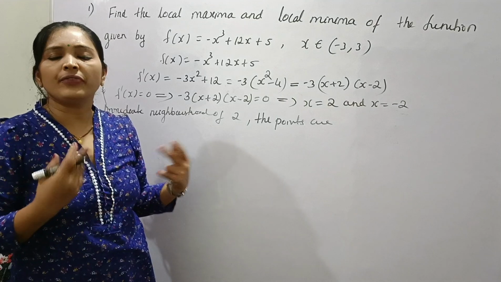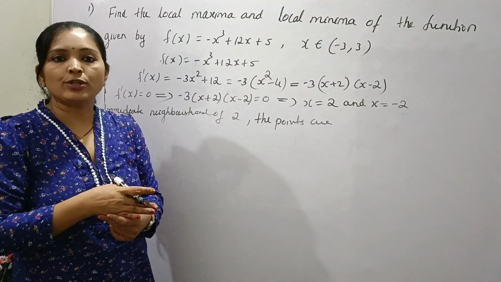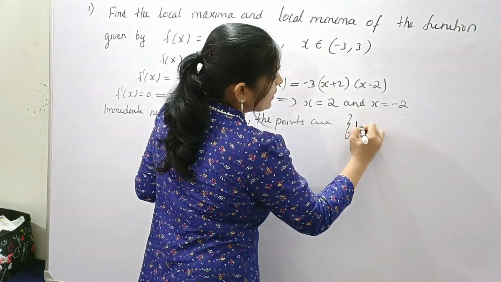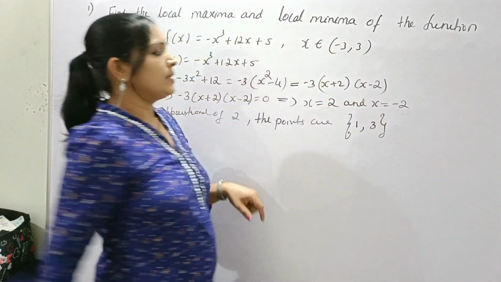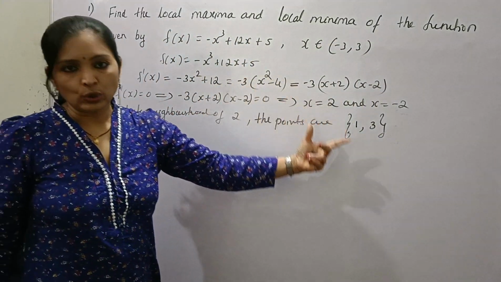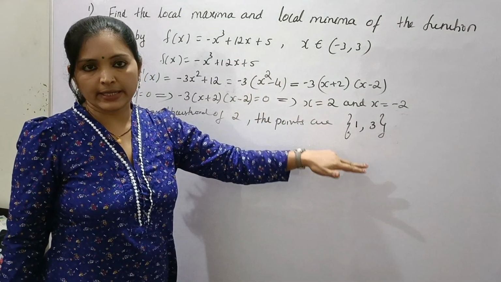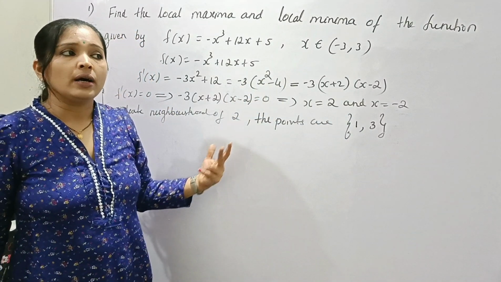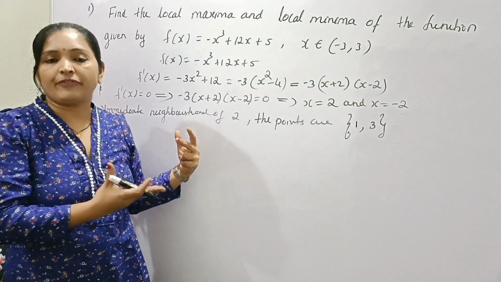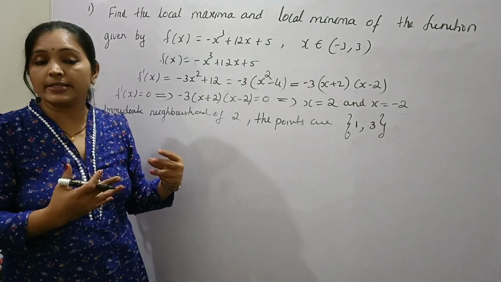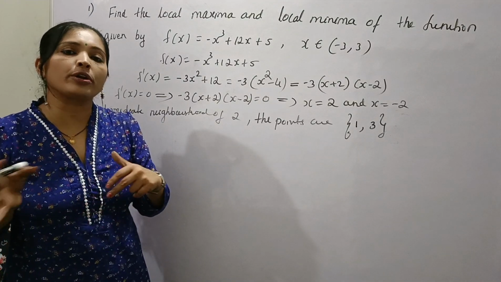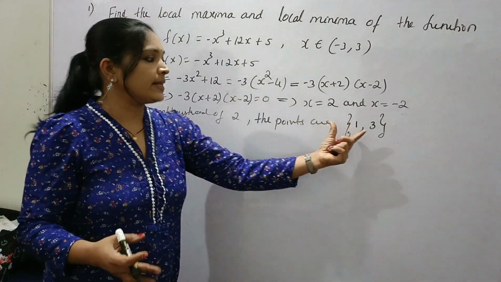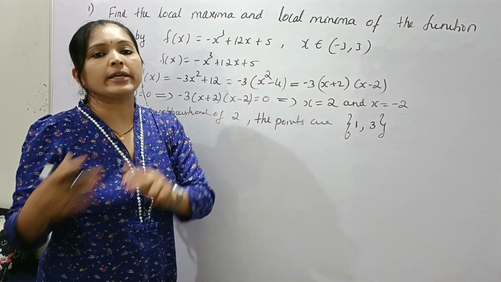Less than 2 we will take 1, and greater than 2, 3. So the points are 1 and 3. That is the immediate neighborhood of 2, less than 2 and greater than 2. So here we have to check whether f dash of x changes sign from positive to negative or negative to positive as x increases through this critical point. That is why we are taking less than 2 and greater than 2.